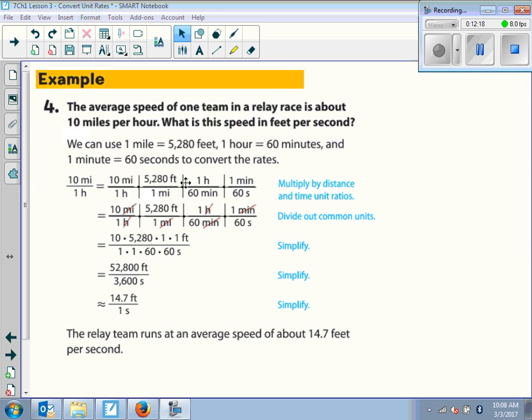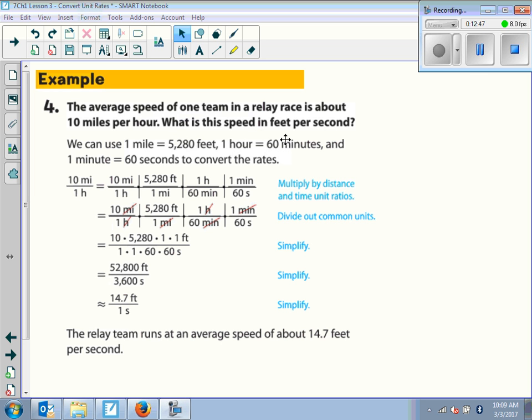So in example 4, it says the average speed of one team in a relay race is about 10 miles per hour. We want to know what is the speed in feet per second. Now, the reason why there's so many conversions in here is because we are converting miles to feet, and we are converting hours to seconds.